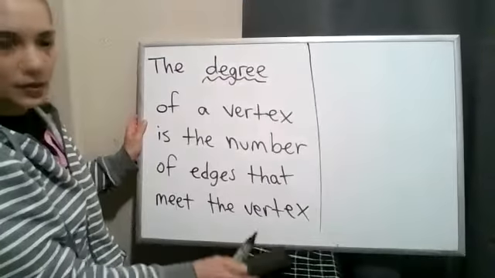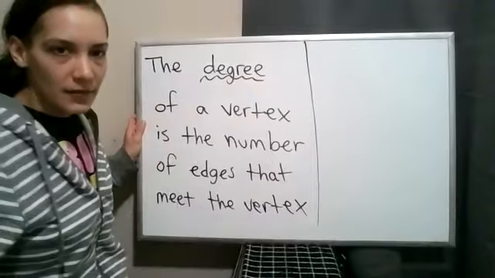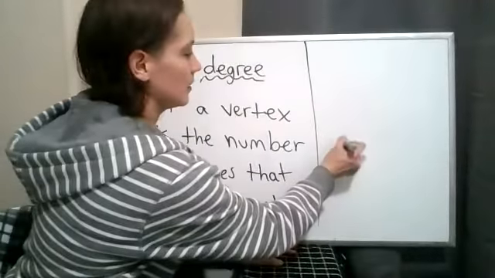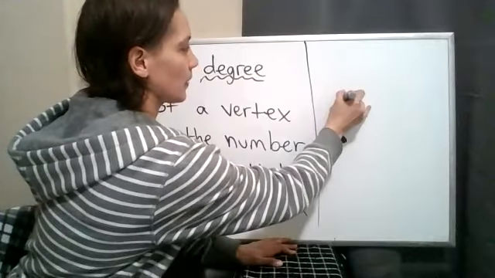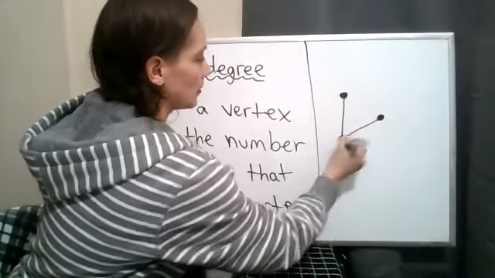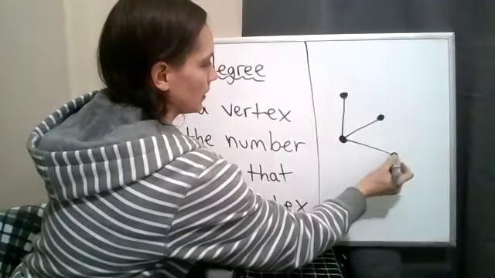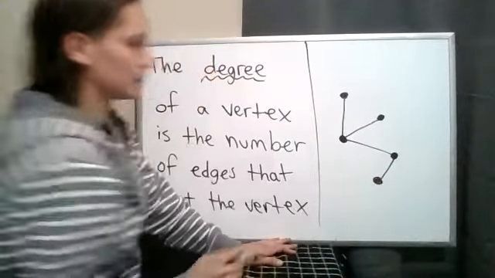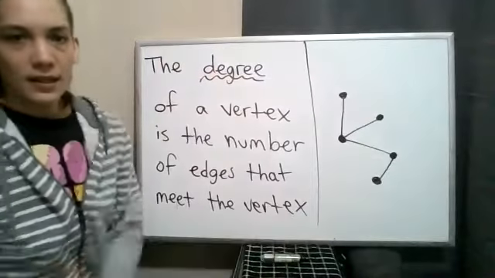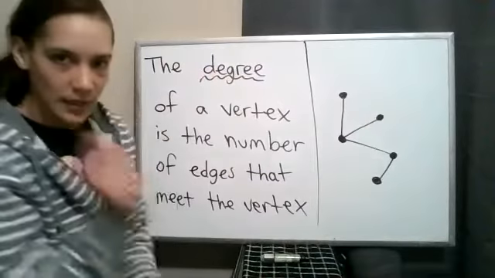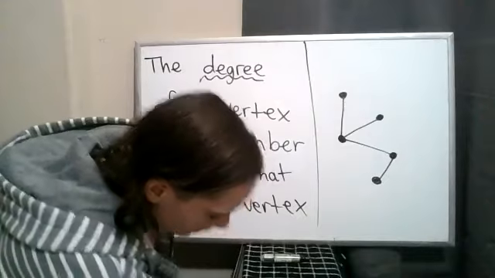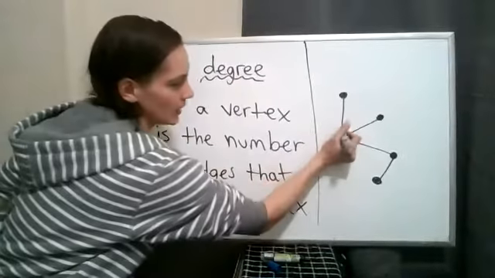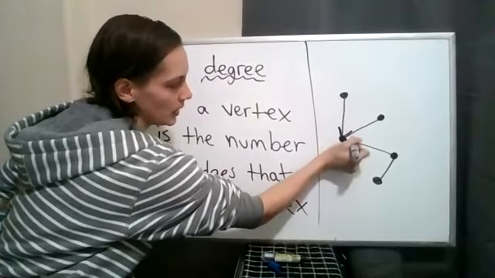I'll have an example. So let's have this graph. Let's make a small graph that goes from this dot out to here, here, here, and this one will go over here. Sometimes it helps to make an extra mark next to the dot right on the edge to help count the degree. So this one has 1 line, 2 lines, 3 lines.